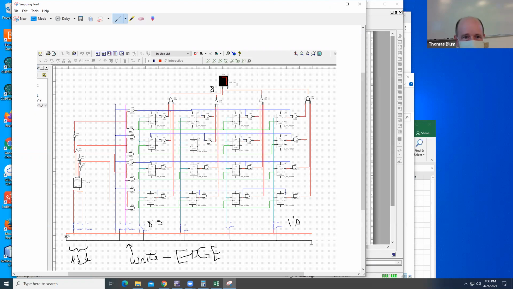All of this is data. So these are the data, specifically the 1's, 2's, 4's, and 8's place. This is the writing switch. Writing switches have to go through an edge.